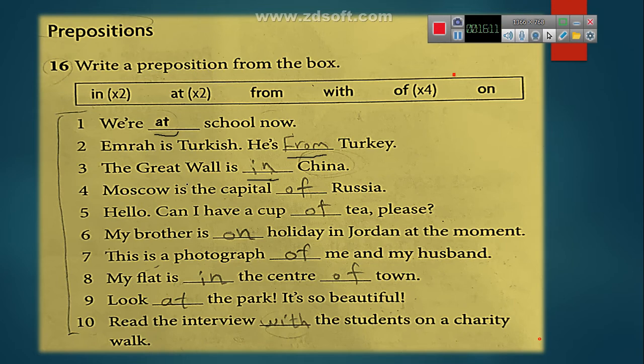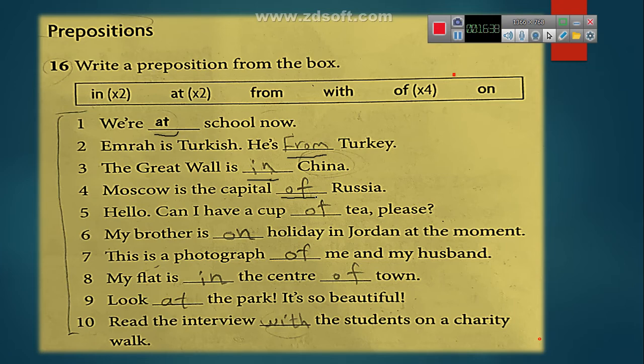Yes. Moscow is a capital of Russia. Of here expresses the possessive. For example, when we say a book of Amir.